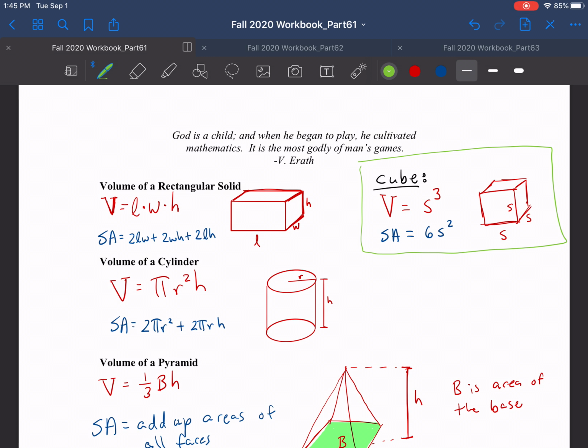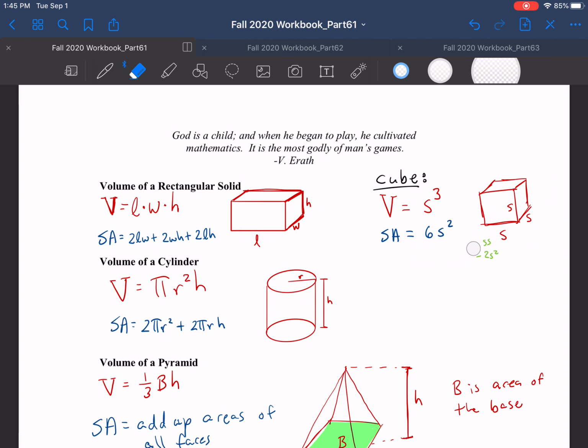Instead of length times width times height, we just do S times S times S. And over here, we end up with 2S times S plus 2S times S plus 2S times S, which is 2S squared plus 2S squared plus 2S squared, which is the 6S squared we have right there. And that's where those versions come from. But you can always just use the rectangular solid versions to do a cube. It's just going to all reduce down to those right there.